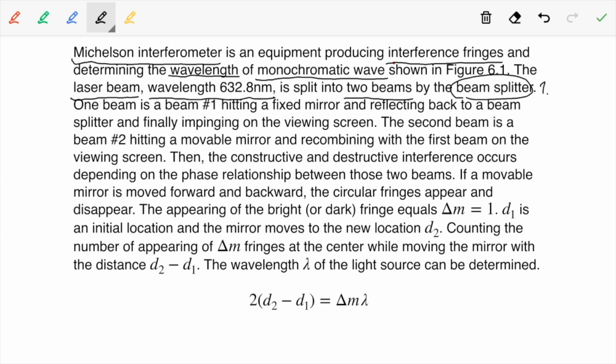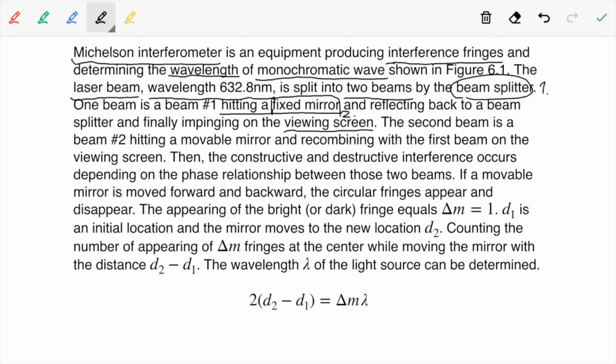After the beam splitter, the beam separates into two beams. Beam number 1 hits a fixed mirror, number 2, reflects back to the beam splitter, and finally goes to the viewing screen.